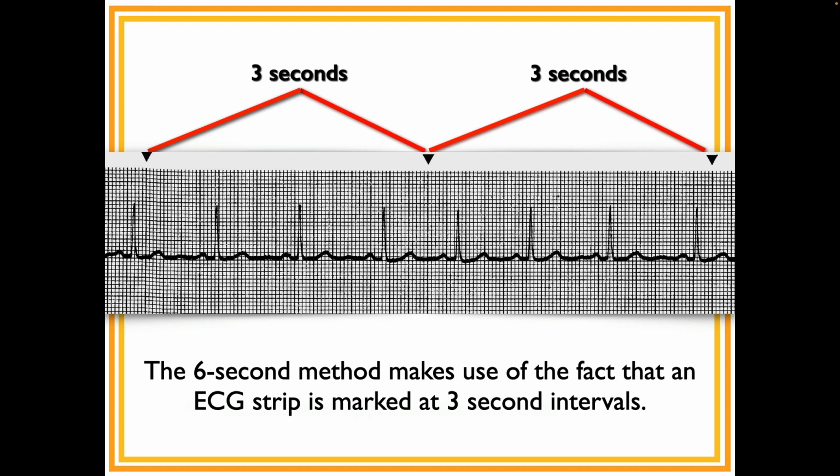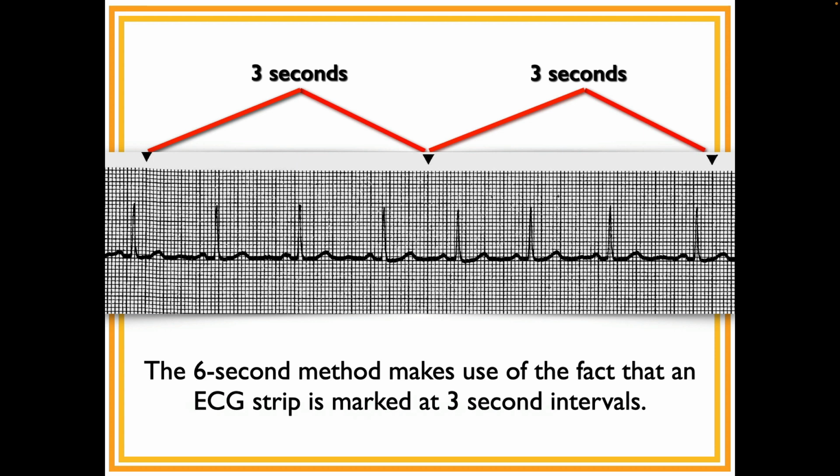The 6-second method makes use of the fact that an ECG strip is marked in 3-second intervals. Now these are old. Typically now you won't see these little triangles, but you'll see a line. If you look in Huff, above every strip, they're called 6-second strips because they're actually a tad over 6 seconds.